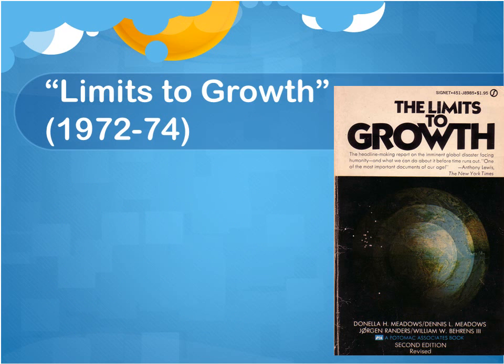The next piece of work came very shortly after the tragedy of the commons work, and was the Limits to Growth publication. This was a study commissioned by the Club of Rome, an international think tank that was founded in the 60s and is still in existence today.